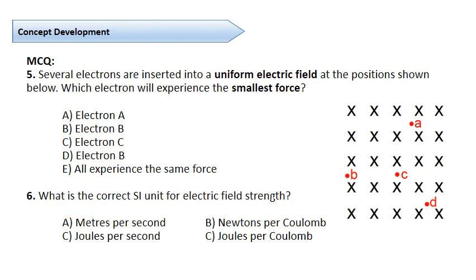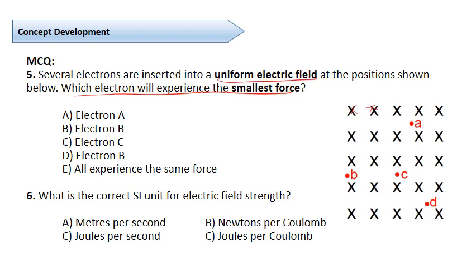Two more multiple choice questions for you. Several electrons are inserted into a uniform electric field at the positions shown below. Which electron will experience the smallest force? So my electric field is given in the diagram. My electrons are here, A, B, C, D. Which one experiences the smallest force?